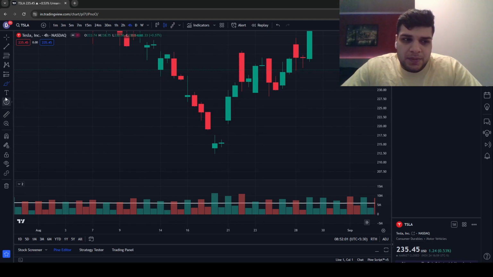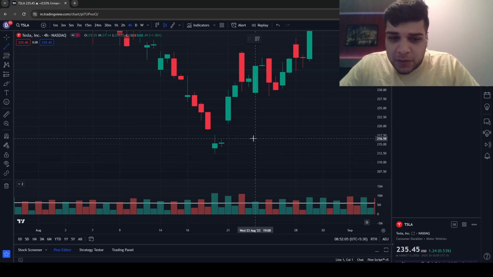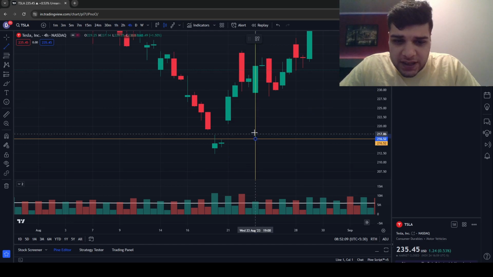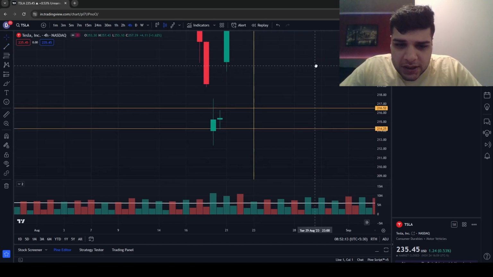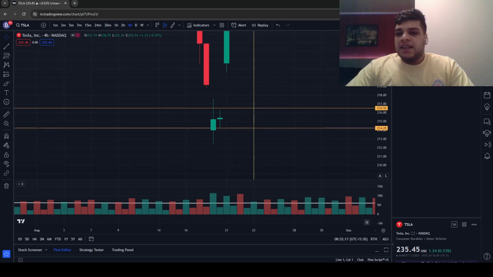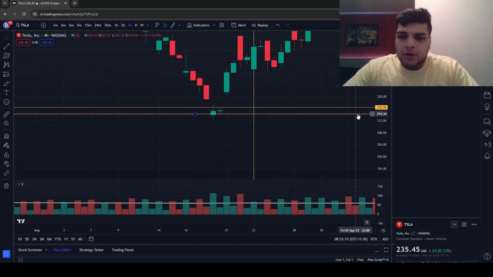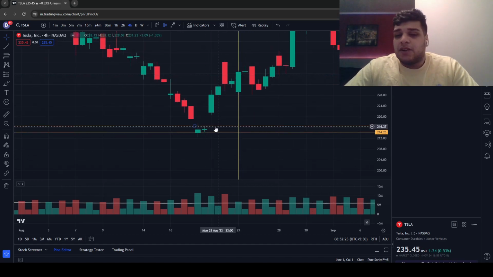I'm pressing Alt and H to draw horizontal lines here. All right, so I marked the high and the low of this inside bar. Whenever they do break, huge moves follow. Always happens, or at least 70 or 80% of the time, especially on higher time frames.